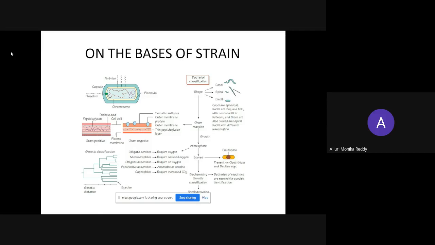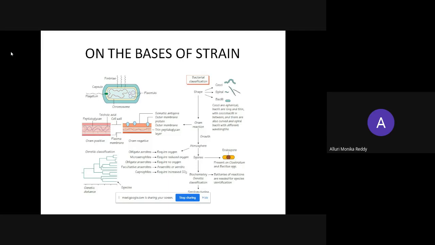The thick peptidoglycan layer traps more stain, while the thin layer in gram negative bacteria has fewer cross linkages, so they lose stain very readily. That's why gram negative species always appear in a pale color. This is the main reason.